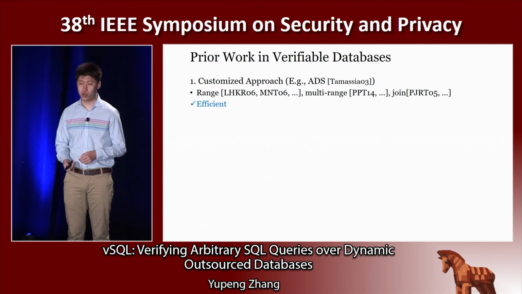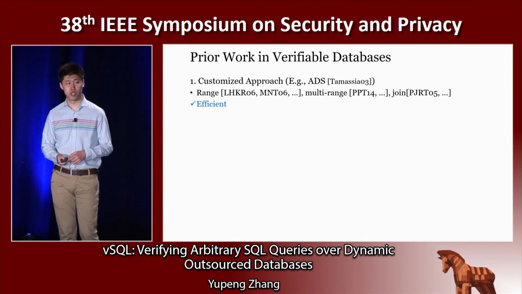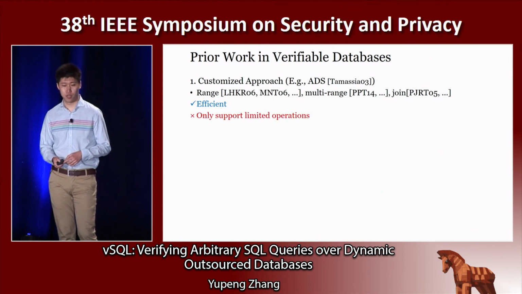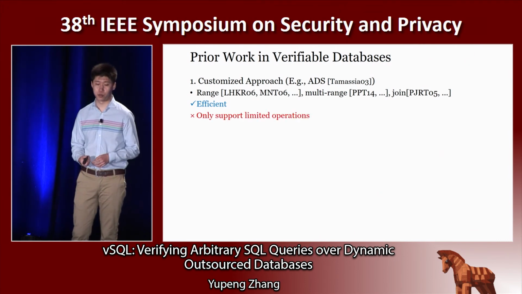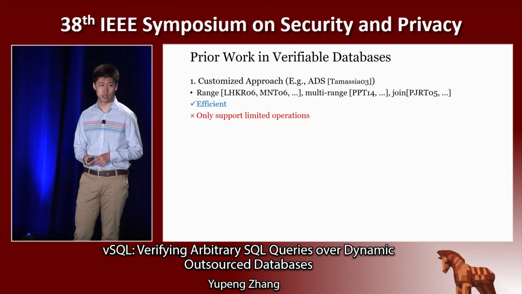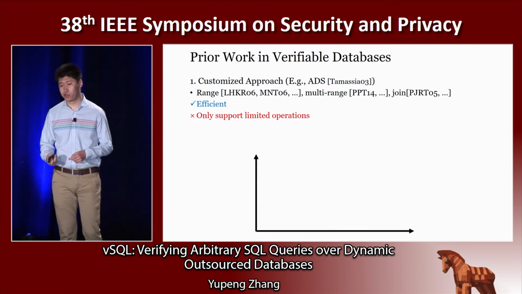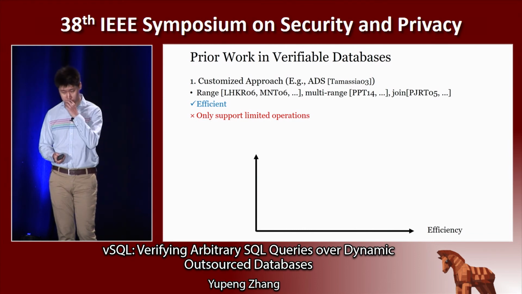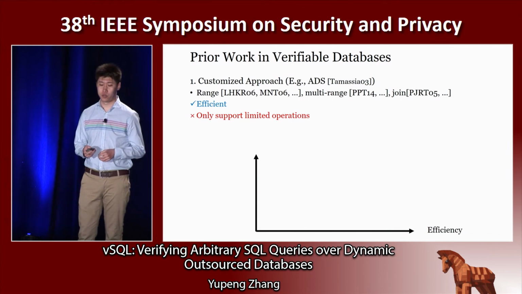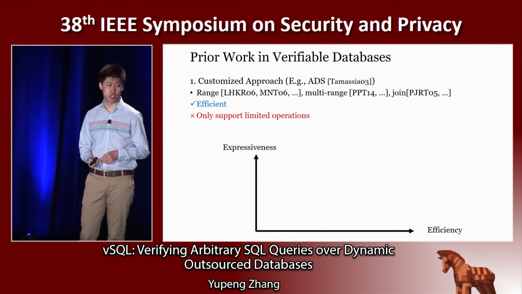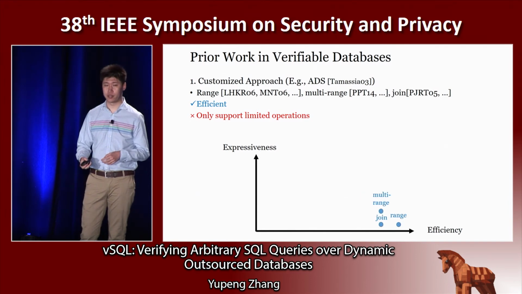The good thing about this approach is that it's usually very efficient. But the drawback is that it only supports limited operations. That's why it's called the customized approach. So if we draw a plot where the x-axis represents the efficiency and the y-axis represents the expressiveness, this work can be placed on the bottom right.